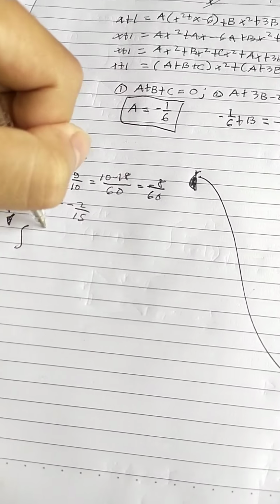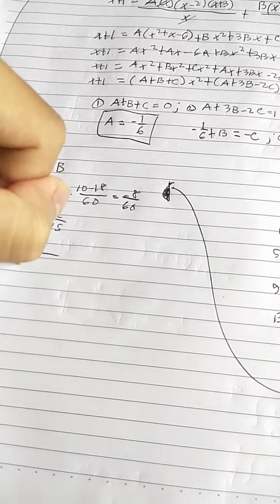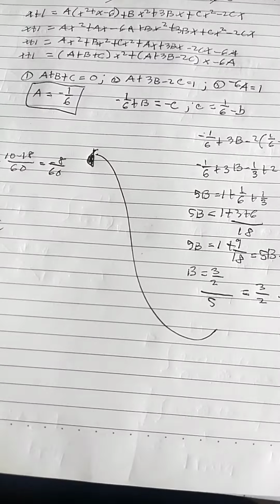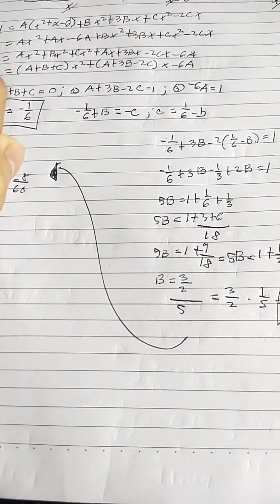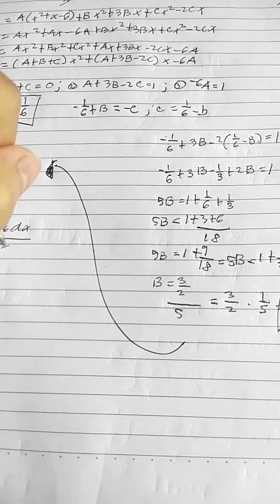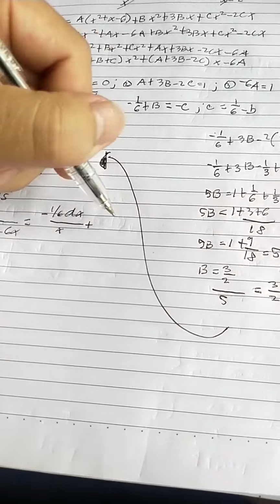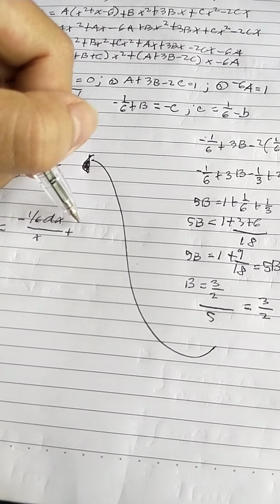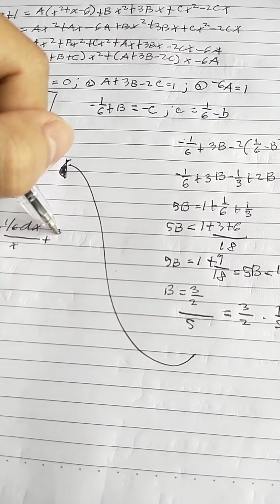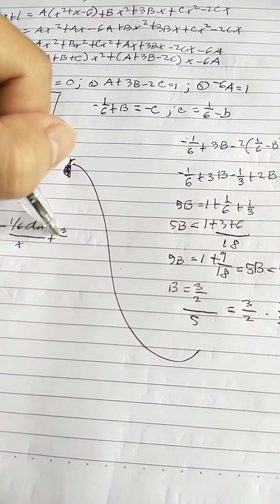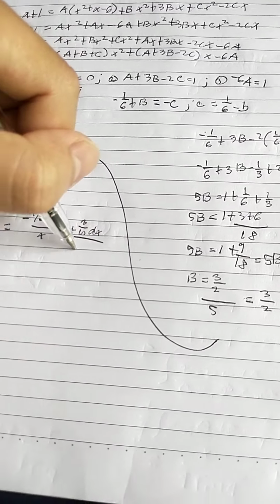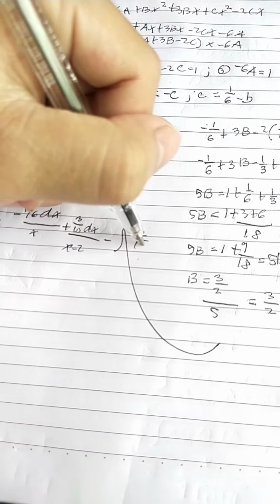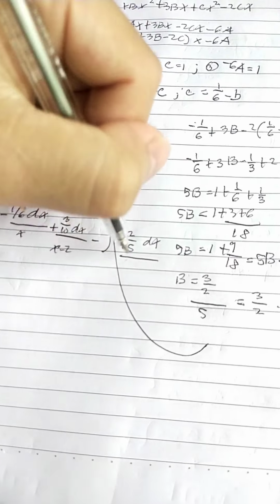So, the integral of x plus 1 all over x cubed plus x squared minus 6x is equals to negative 1 over 6 dx all over x plus 3 over 10 dx all over x minus 2 minus negative 2 over 15 dx over x plus 3.